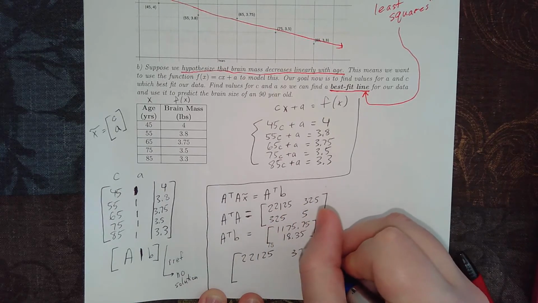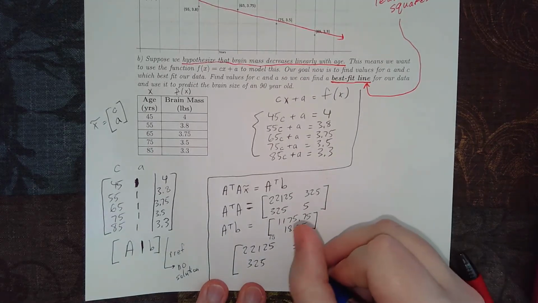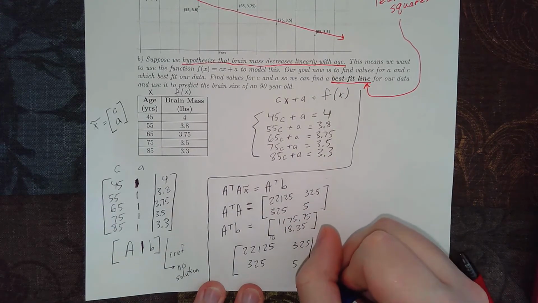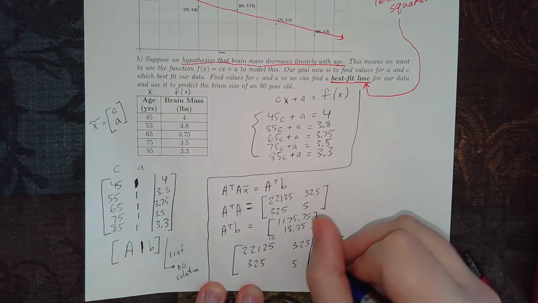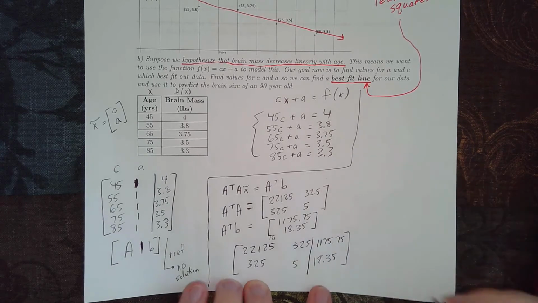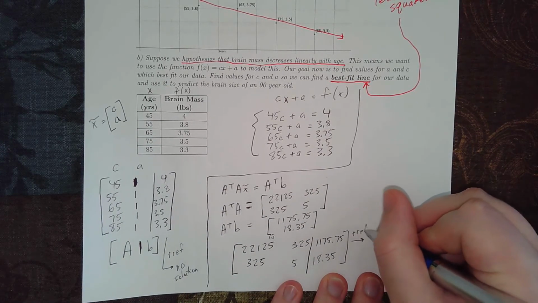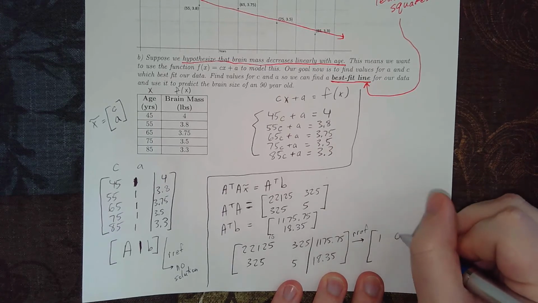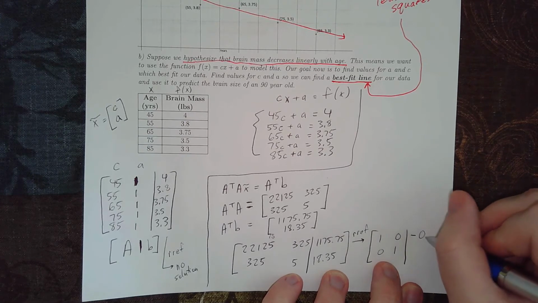And so if we go to put this into a matrix and get the reduced row echelon form, what we should get is something that looks approximately like this.